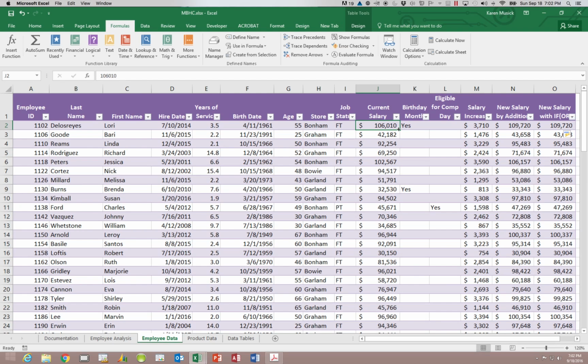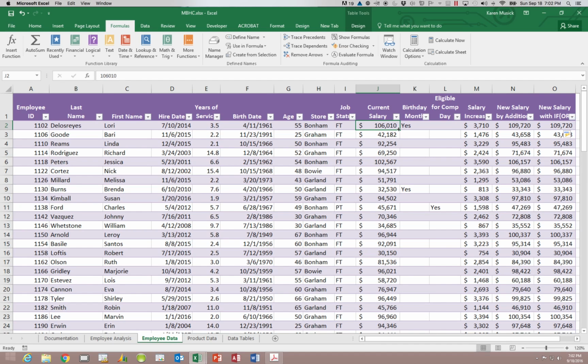So that covers the if and also the if or. And again, the key difference between these two functions is how we combine the tests or the decisions.